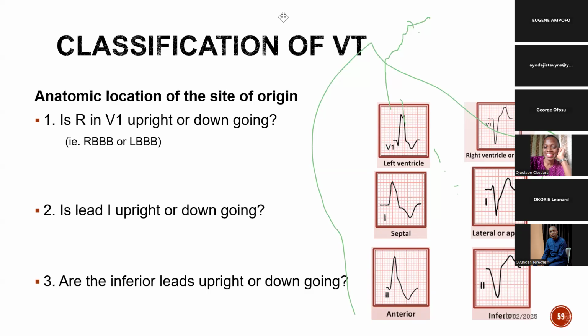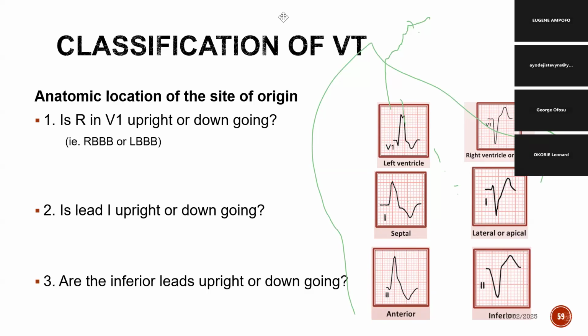I think we should check it up. I think I'll post one on the group now. And especially the management of the electrical storm, either VT or a patient even on ICD having more than 3 shocks in 24 hours could also be taken as a storm.